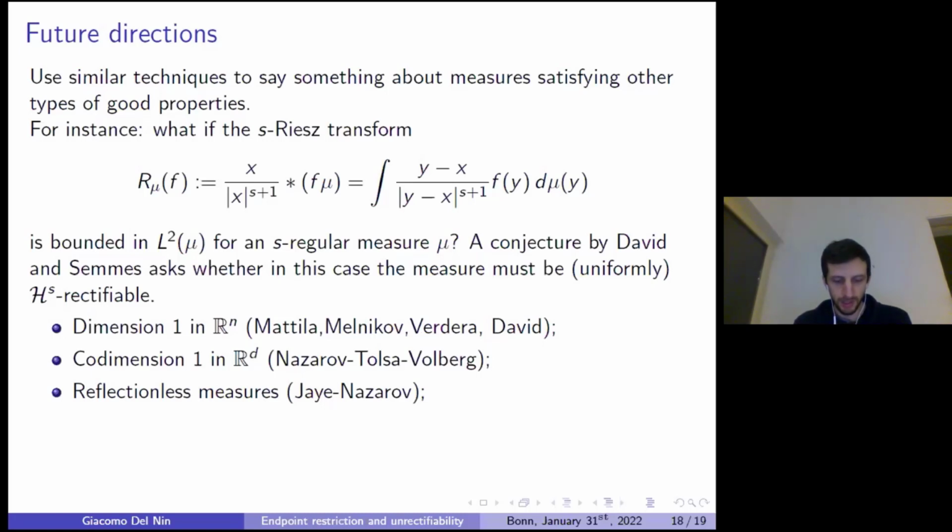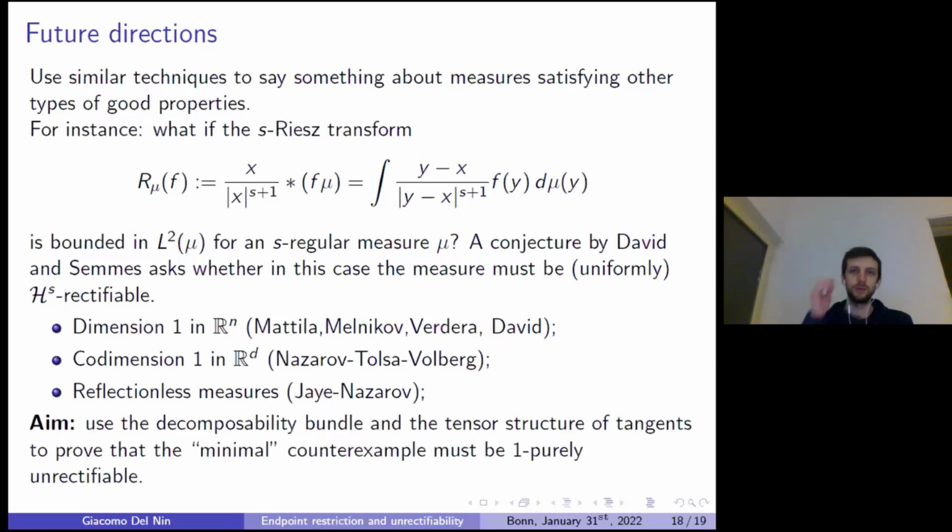And so the aim in this case would be to use the decomposability bundle and similar arguments to say something about possible counterexamples to the conjecture. The conjecture, of course, says that there is no counterexample, but at least we would like to show that if such a counterexample exists, then it must have a very singular structure.